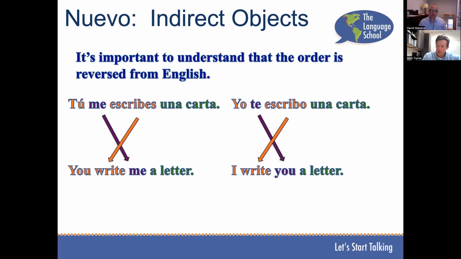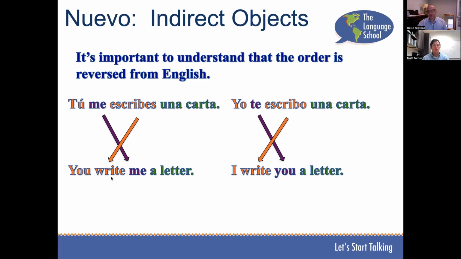Okay. So there's a few things that we have to go over here. Like almost everything, the order is reversed in English when we're using what we call an indirect object pronoun. So, tú me escribes una carta.